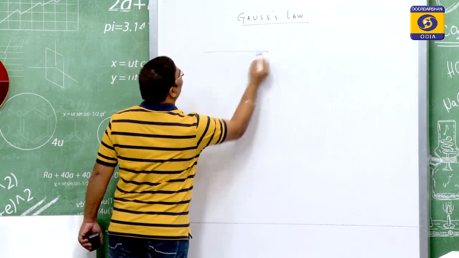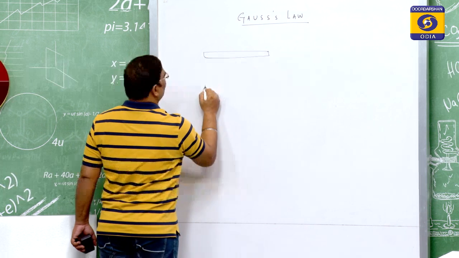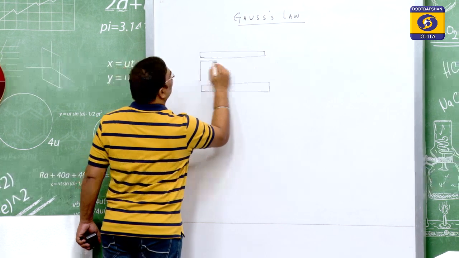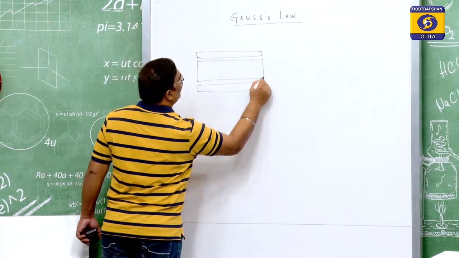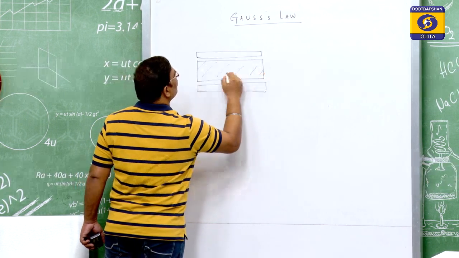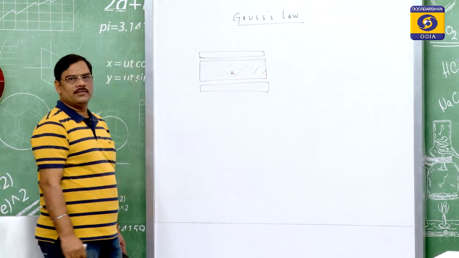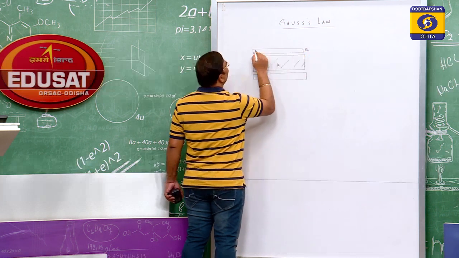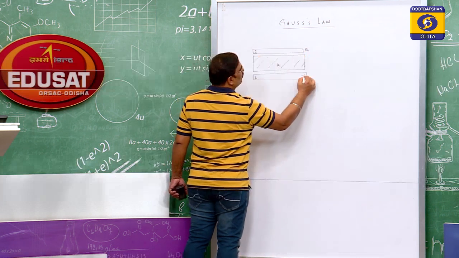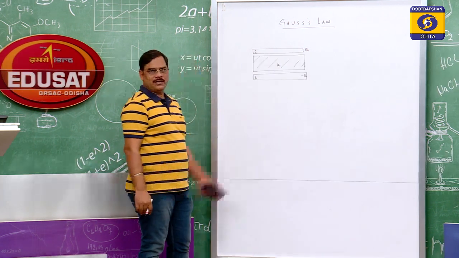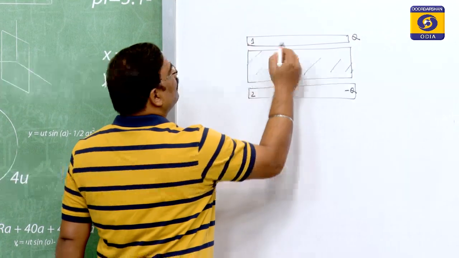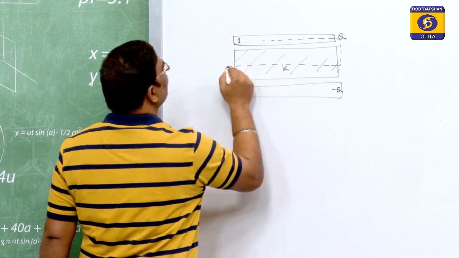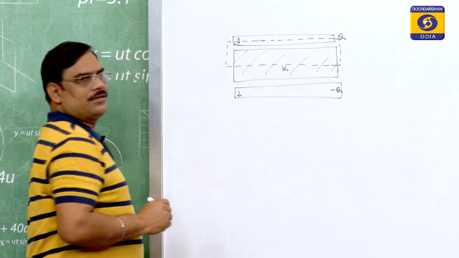Suppose I have a plate, and between these two plates I have a dielectric slab of dielectric constant K. Now, if Q is the charge on the first plate and minus Q on the second plate, connected to a battery, I consider my Gaussian surface like this.